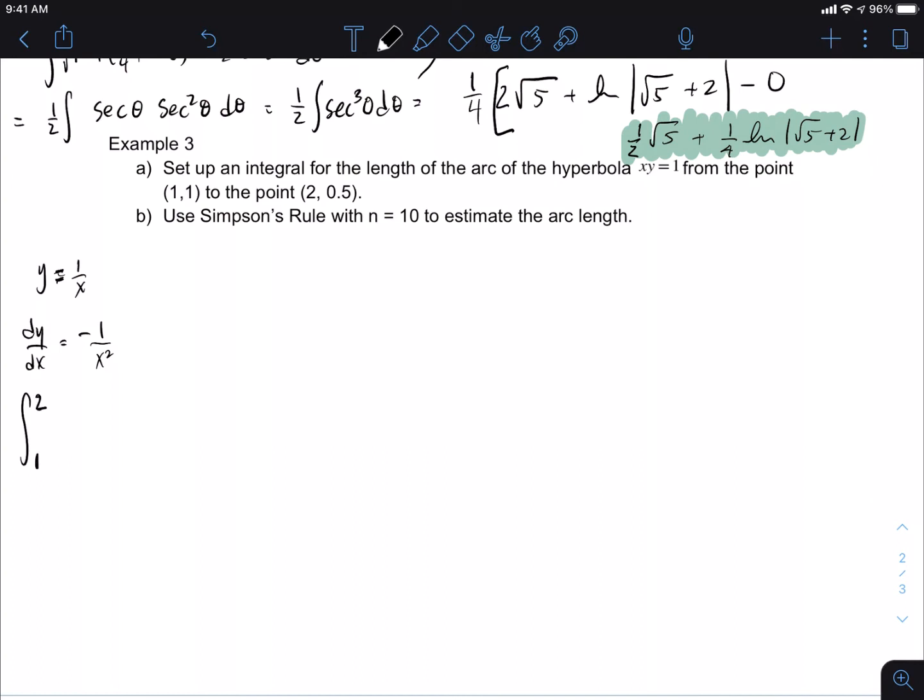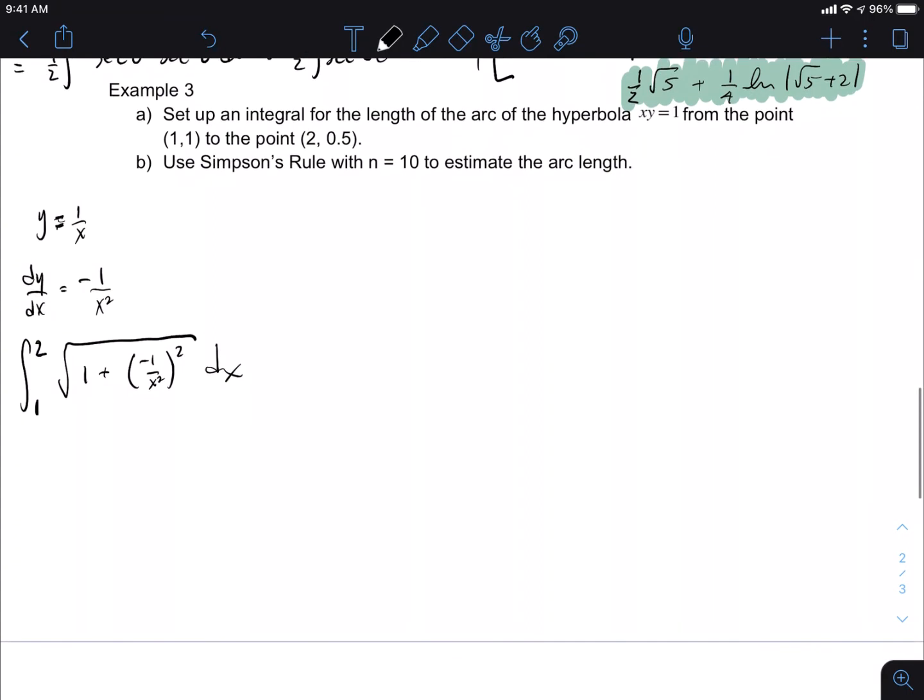1 to 2, right? Because we're looking at the x's. And so then we'll have our root of 1 plus a negative 1 over x squared dx. Okay? And then if we wanted to clean it up, we could clean it up, which I'll just show you.